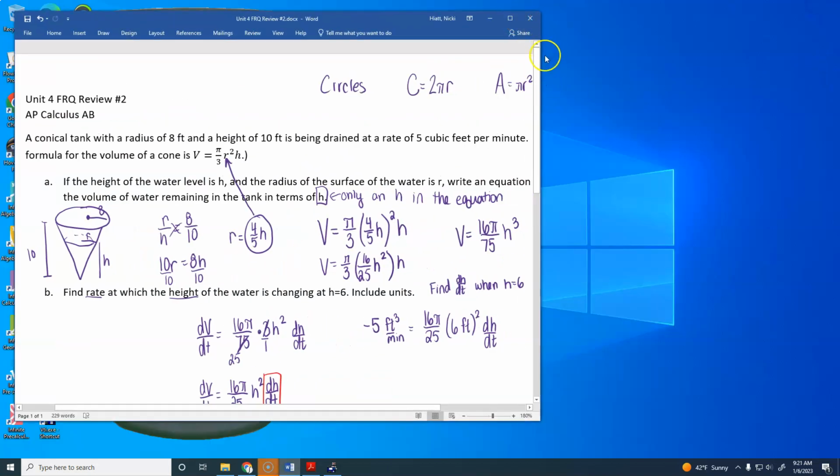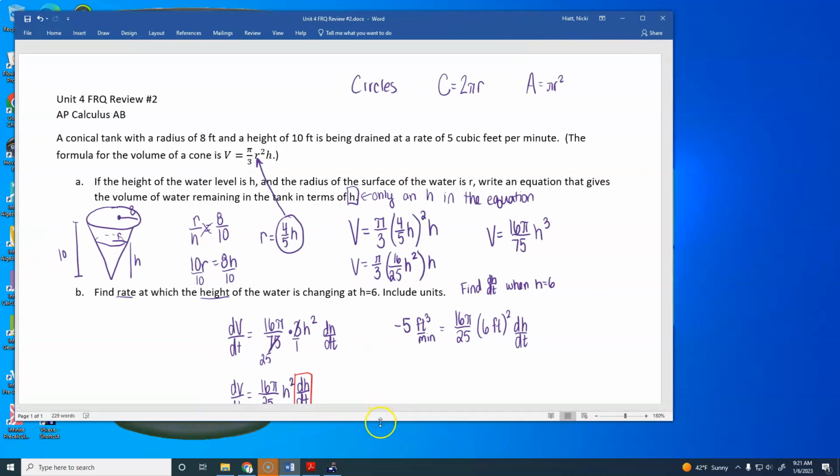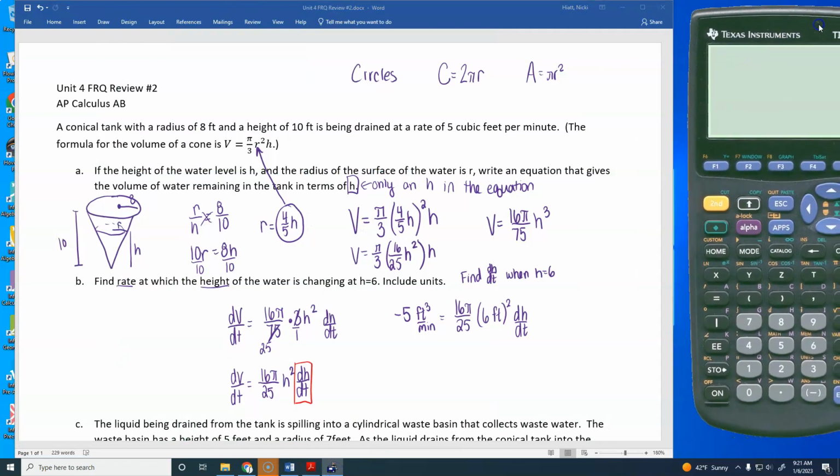You cannot until it's solved for dH/dt. So you got to have dH/dt by itself. So you could leave it, negative 5 divided by 16 pi over 25 times 6, well, 6 squared. But I would worry about getting everything right on that.